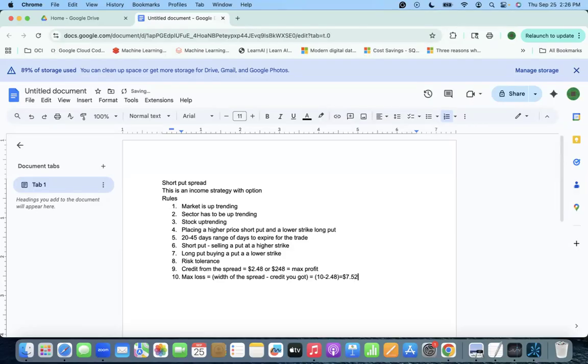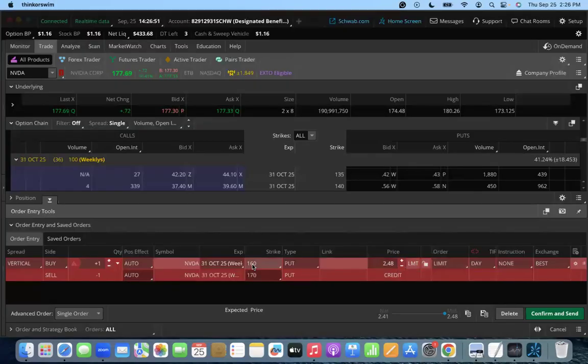I can say this is actually $752. So this is also the max loss. This is the maximum money you can lose from this trade, right? And you need to make sure that your risk tolerance is at least okay to lose $750 if this stock goes in a different direction than you are thinking, right?